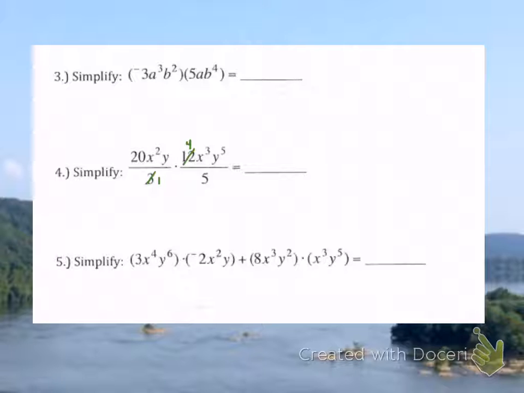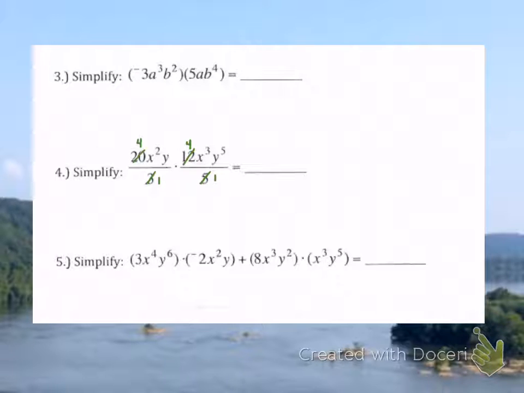I can also cancel by dividing the 5 by 5 and getting 1, and dividing the 20 by 5 and getting 4. You can only cancel like that if you can cancel something in the numerator and something in the denominator. And that just makes my fractions a little smaller to deal with. It also makes my denominator 1, which is nice.